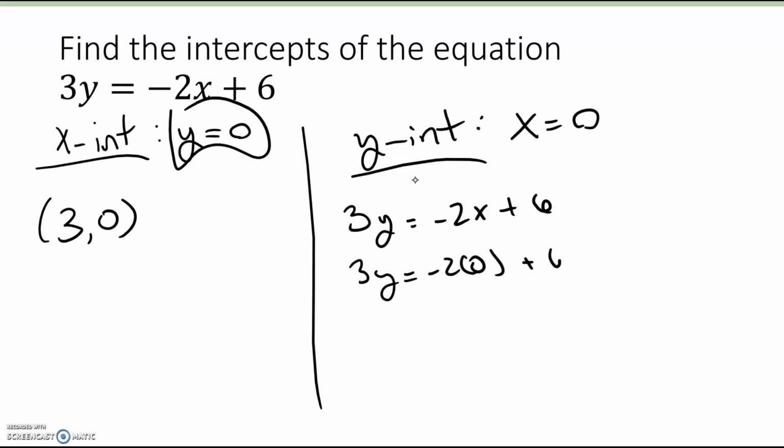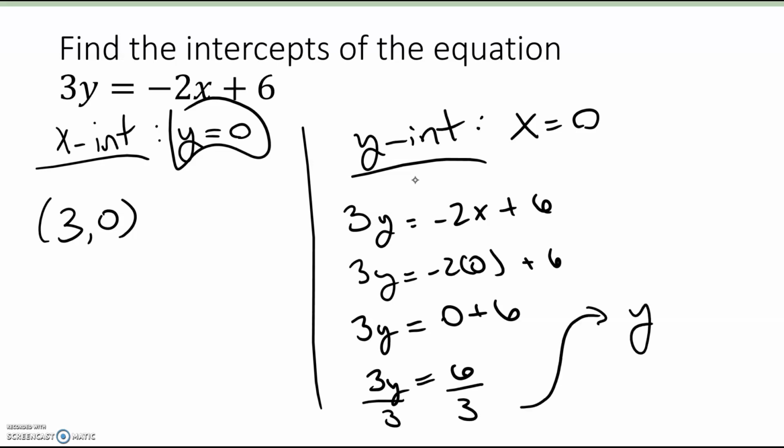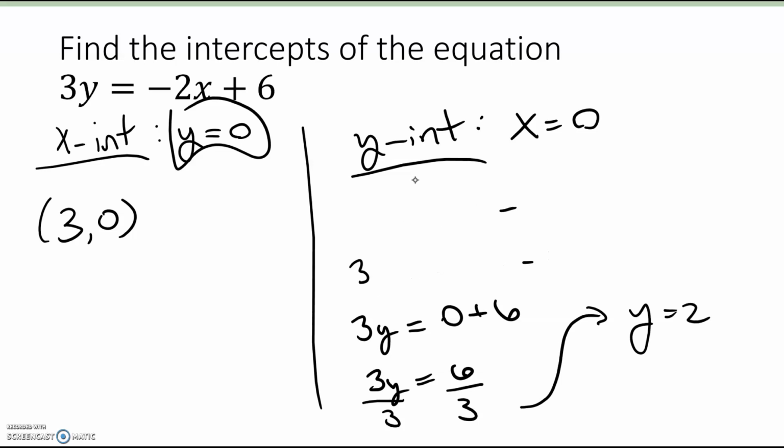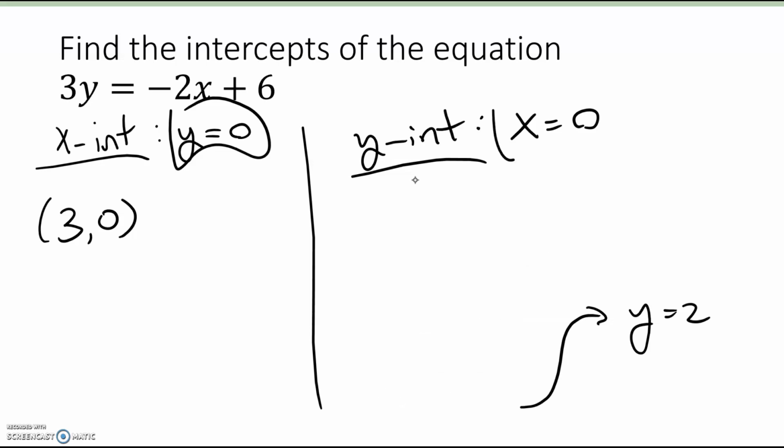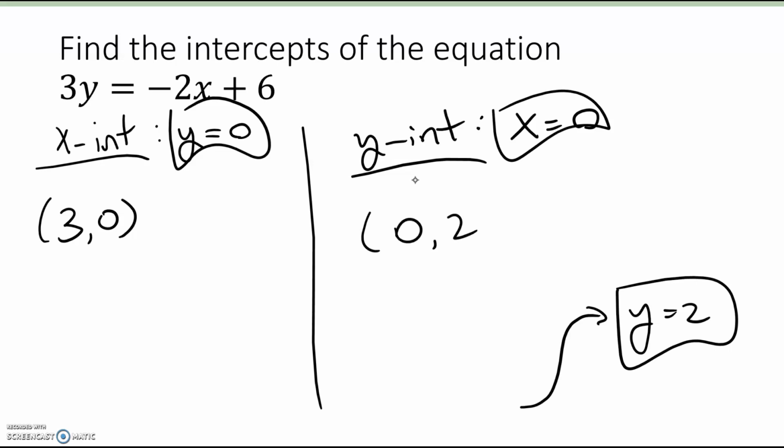So 3y = -2 times 0 plus 6. That goes away, so that's 0 plus 6, which is just 6. Divide both sides by 3, so y = 2. We've got x = 0 and y = 2, so our ordered pair is (0, 2).